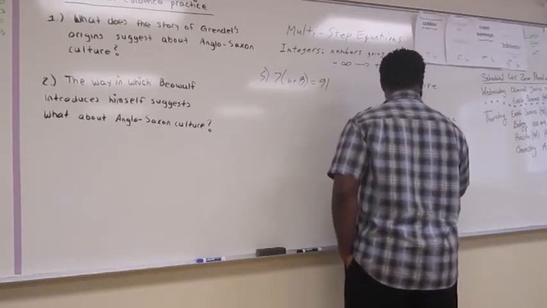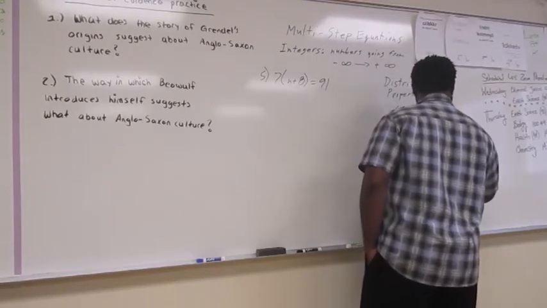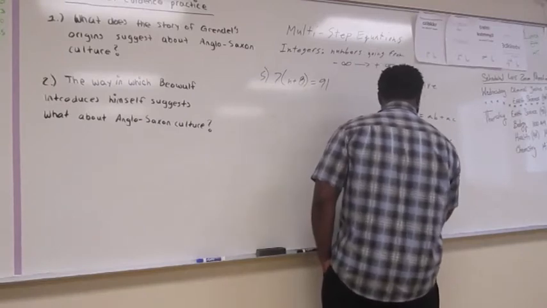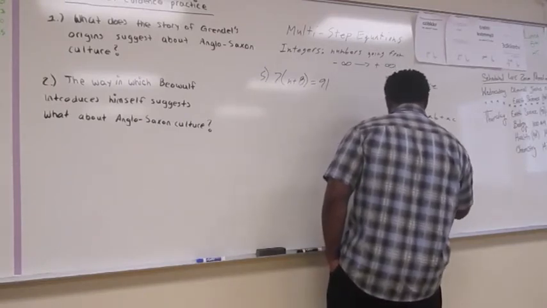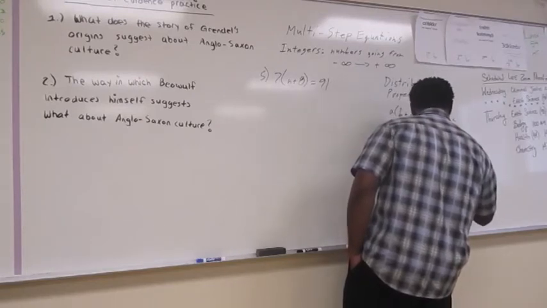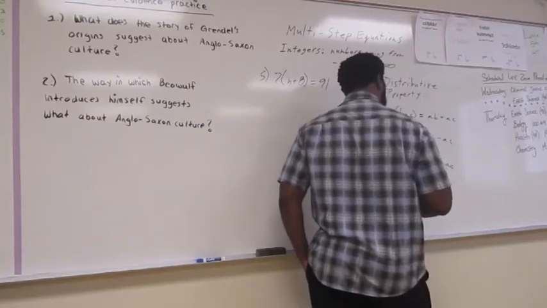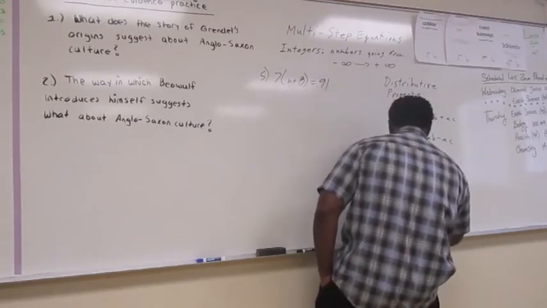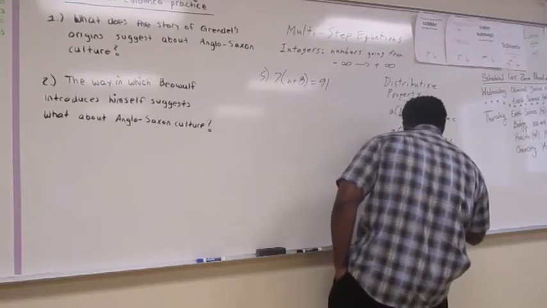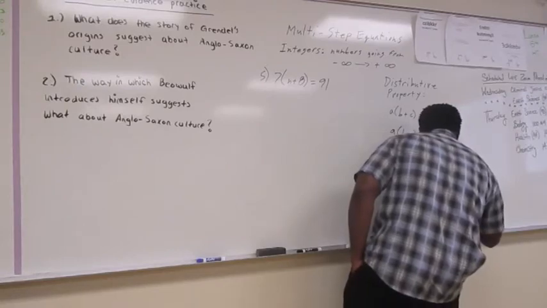A, parentheses, B minus C is equal to AB minus AC. Negative A, parentheses, B plus C is equal to negative AB minus AC. Negative A, parentheses, B minus C is equal to negative AB plus AC.